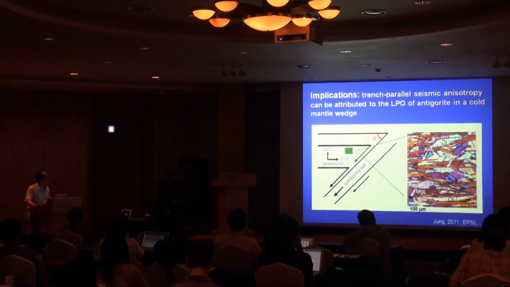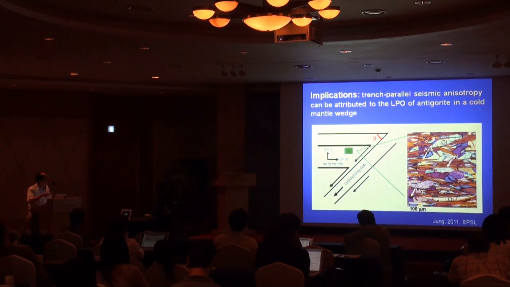Okay, now let me talk about some implications. This cartoon shows the two-dimensional corner flow of material in the subduction zone. If we have a fabric the same as the fabric which I found here, the 010 axis will be aligning parallel to flow in this area.